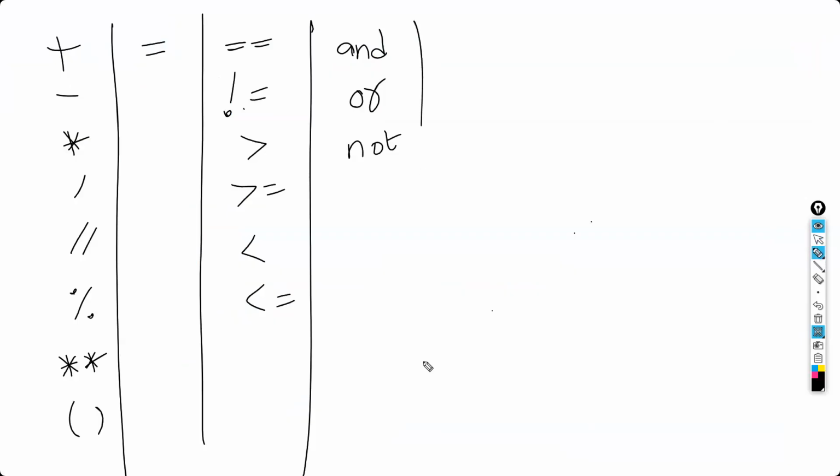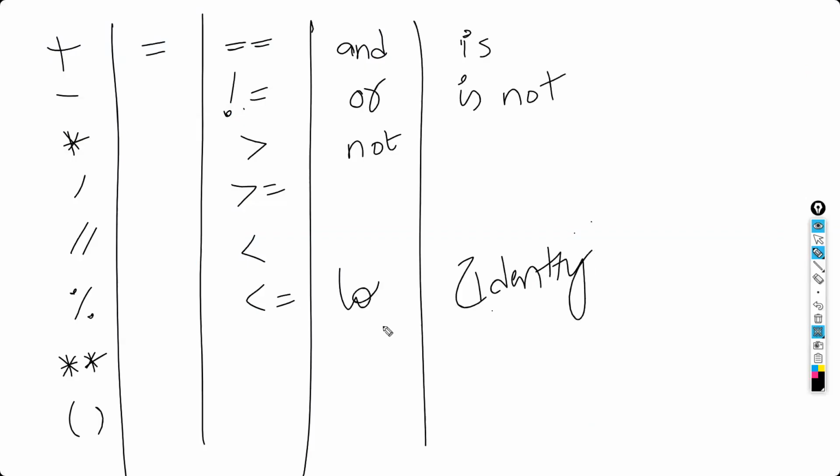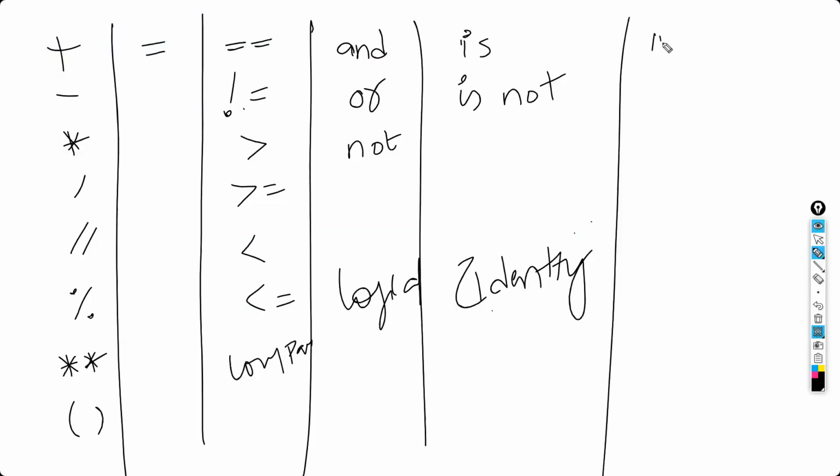Next, coming to the next one, called identity operators: is, is not. These both are called identity operators. This is called logical. This is called comparison. And the next one is in, not in, which is called membership.